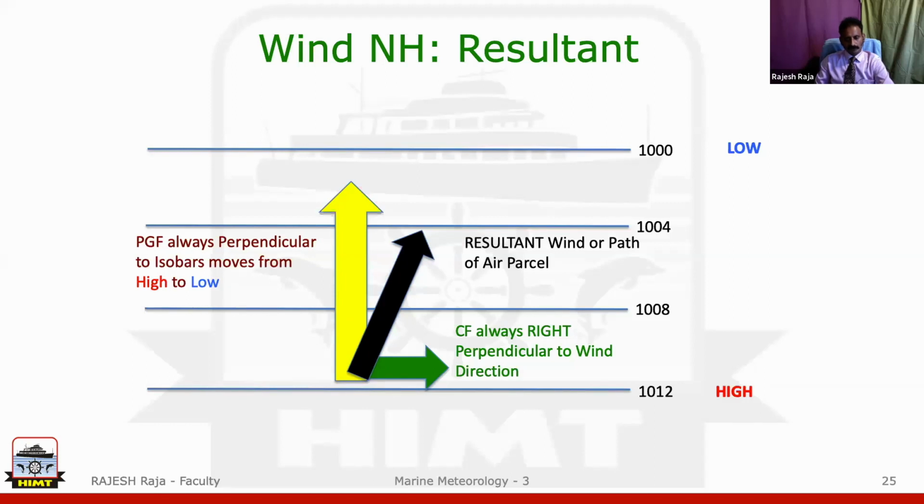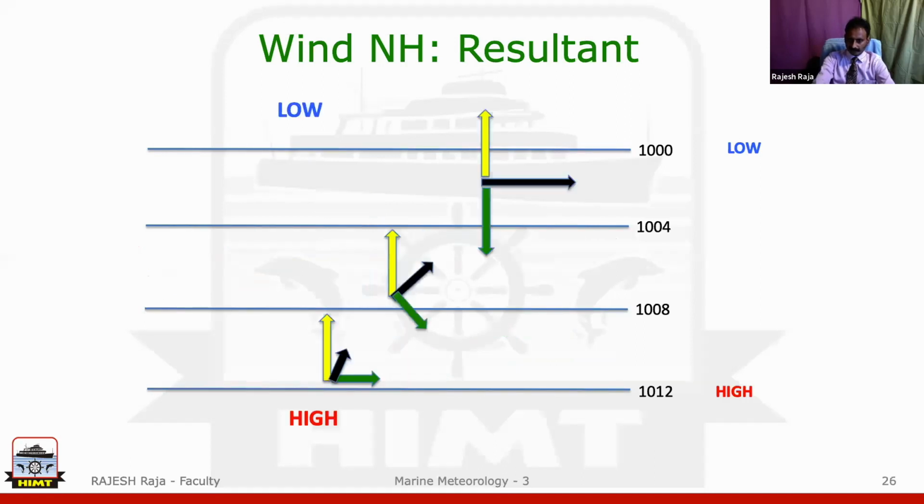Now this wind motion, the moment it takes a resultant, something else happens. If you see in these three sequential pictures, initially the bottom one I have shown you exactly as the previous slide. The moment I got this resultant force, I told you Coriolis is going to be always perpendicular to the motion of the air, missile or whatever aeroplane.